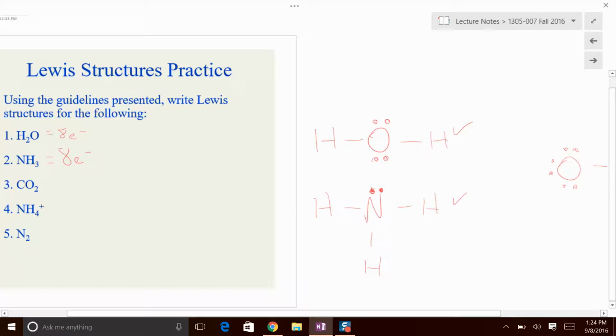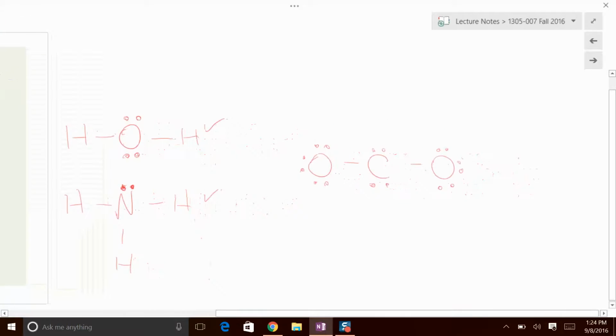So if I calculate how many electrons you need on carbon dioxide, it's 16. I have 20 in this structure. I need to get to 16, so I make a bond, and I remove electrons from both of the elements I bonded to. That brings me from 20 to 18. It's not enough, so I need to make another bond and remove electrons from both things. Now I'm at 16. This is my structure. Okay?